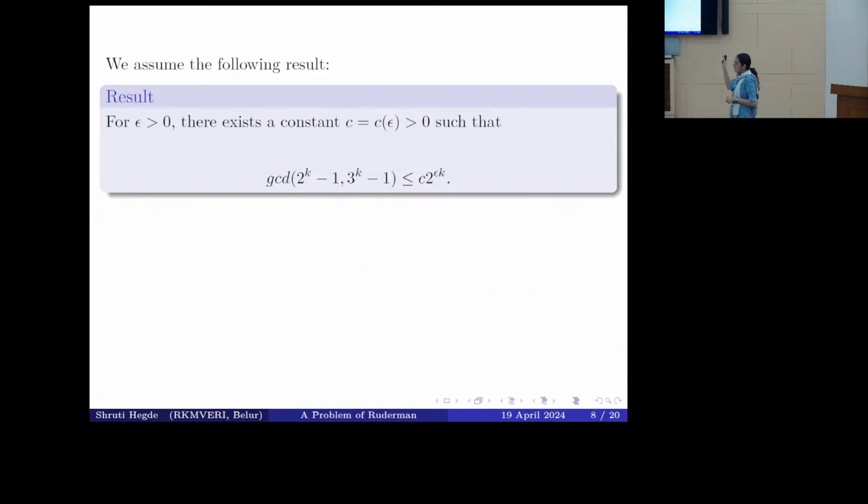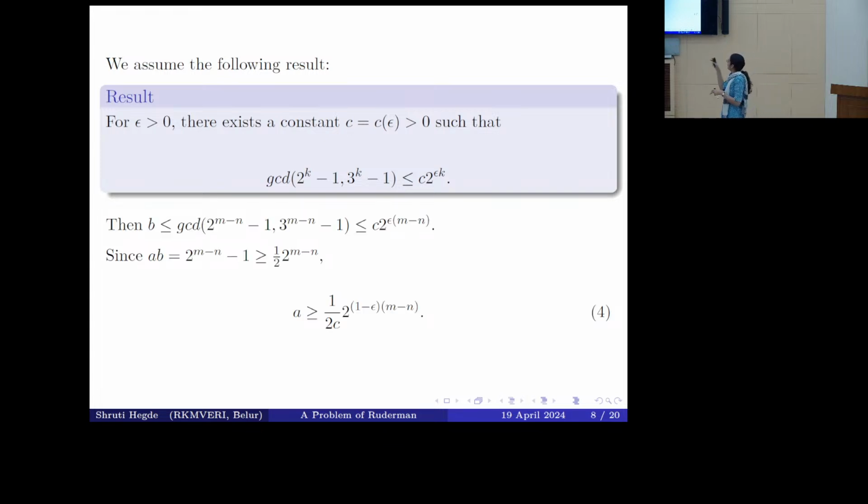Now, as I told, we will assume this result and we will talk about it later. So what does this result say? For the epsilon we have taken, the GCD of 2^k minus 1 and 3^k minus 1 has to be less than or equal to some constant times 2^(epsilon k), where the constant depends on epsilon.